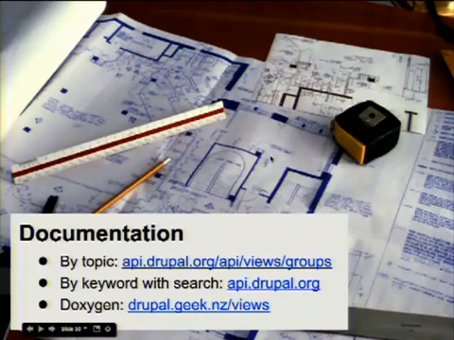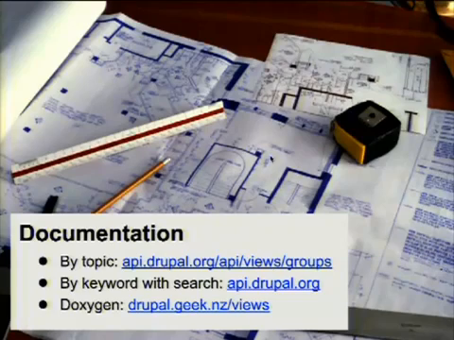As well as that, there is the Doxygen documentation, which has been available on logris.com for many years. But that documentation is still for Views 2. It hasn't been updated for Views 3. So I recently updated the Doxygen configuration and generated Views 3 documentation, and I've put that on drupal.geek.nz/views if you prefer that.